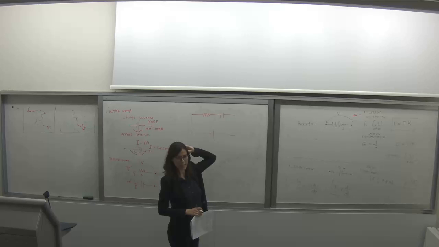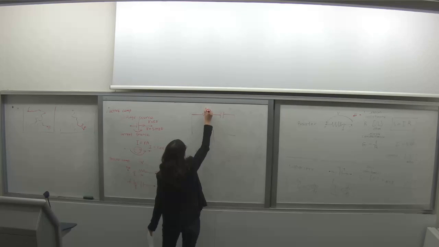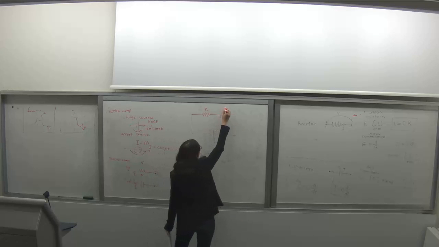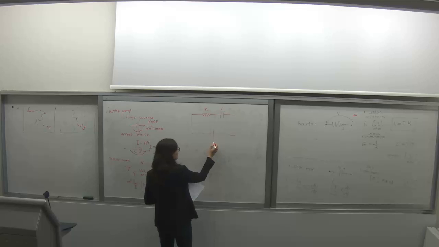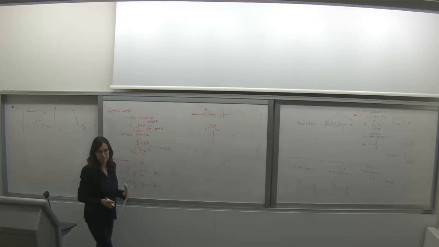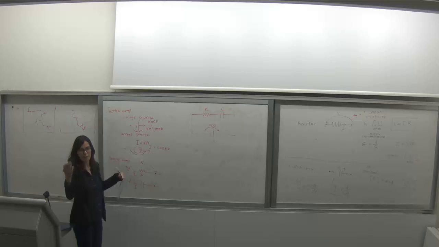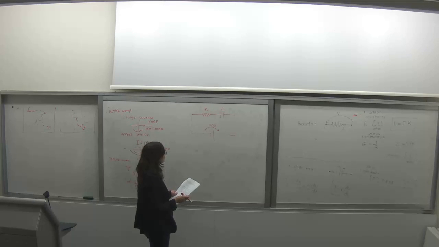None of them is hanging in the air. So I have a resistor R with a resistance R, a capacitor with a capacitance C, and a voltage source that supplies some V of t, function of time. Could be constant or sine wave or whatever you like. Whatever you find in store.